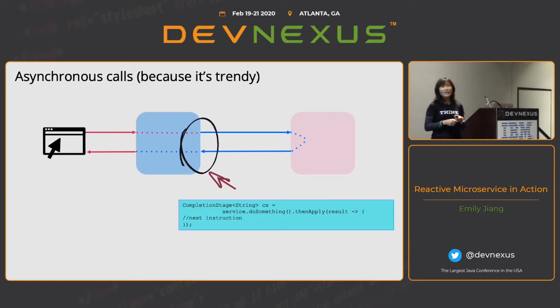In Java, you have a Future, you have a CompletionStage. How many of you are using CompletionStage? Okay, cool. If you have not used CompletionStage, after this session, open up your IDE and have a look at it.